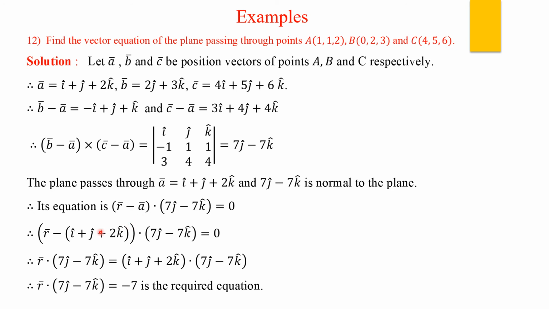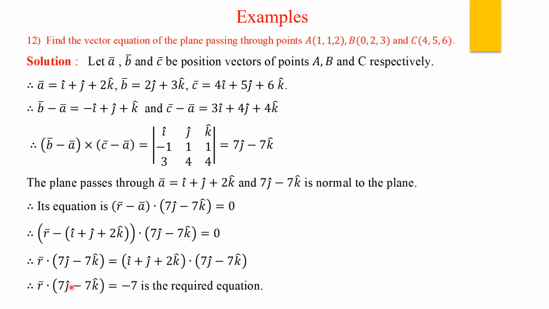That is (r vector minus a vector) into n vector equal to 0, where n is the normal to the plane. Put the value of a vector: (r minus (i plus j plus 2k)) dot (7j minus 7k) equal to 0. Then r dot (7j minus 7k) equals, with a minus sign, (i plus j plus 2k) dot (7j minus 7k).